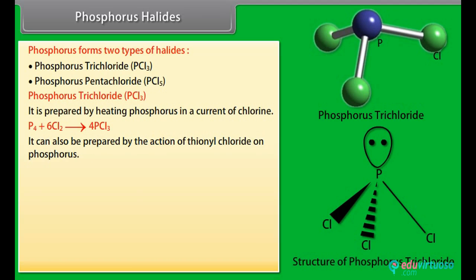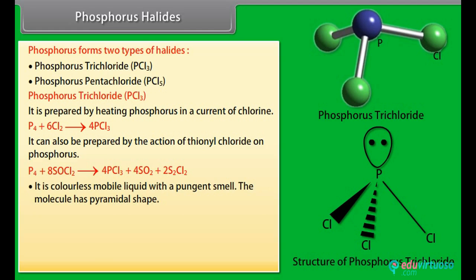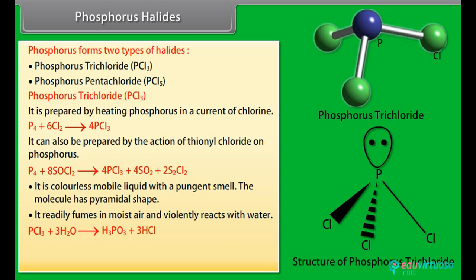It can also be prepared by action of thionyl chloride on phosphorus. It is a colorless mobile liquid with a pungent smell. The molecule has pyramidal shape. It readily fumes in moist air and violently reacts with water.